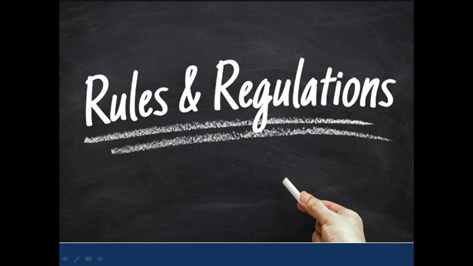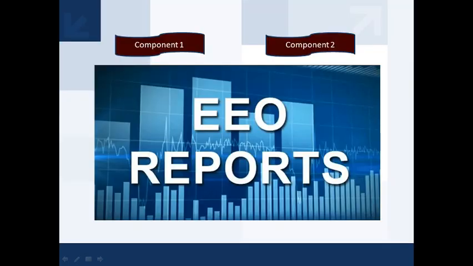Let's take a few minutes to review the certain rules and regulations that apply to EEO-1 reporting. The EEO-1 report is a compliance survey mandated by federal statute and regulations.